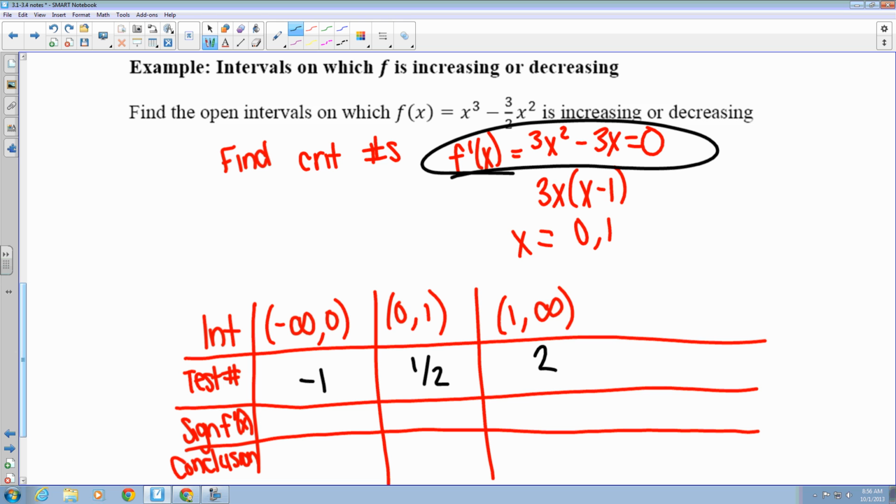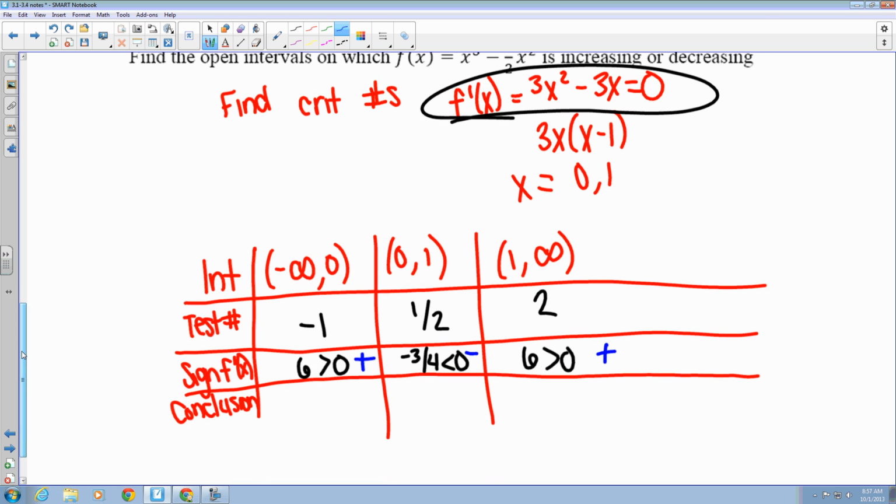If you put negative 1 into there, we get 6, which is greater than 0. This is negative 3/4, which is less than 0. And 6, which is greater than 0. I will often, instead of actually finding the specific number and writing that down, I will say that this is positive, negative, and positive. It's just going to be easier to figure out from there.